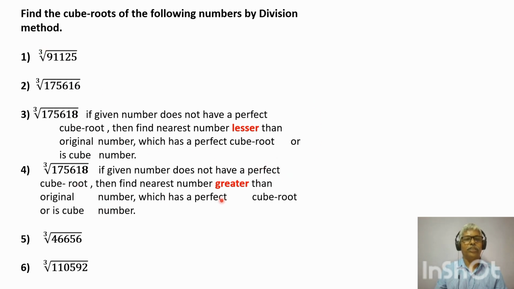Now this is cube root, and the method almost remains the same. Okay, a number which has a perfect cube root or is a cube number. And another one, cube root of 46656 and cube root of 110592. Okay, this is very interesting, and you will really enjoy it.